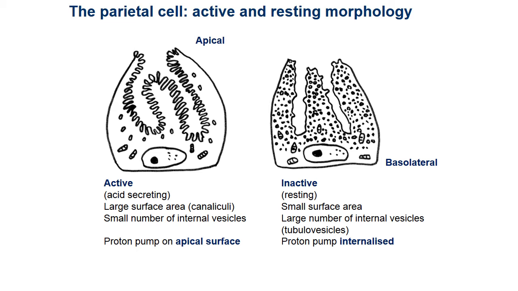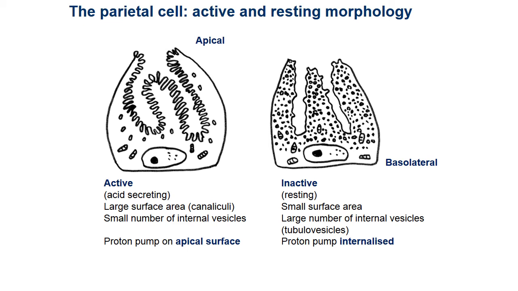It should be noted that the parietal cell can really undergo quite dramatic changes when it's stimulated to secrete hydrochloric acid. So for instance, here on the left is an actively secreting parietal cell.